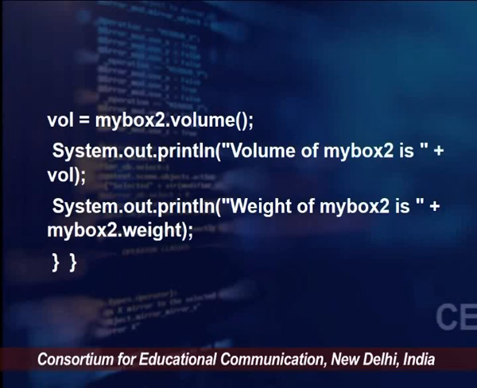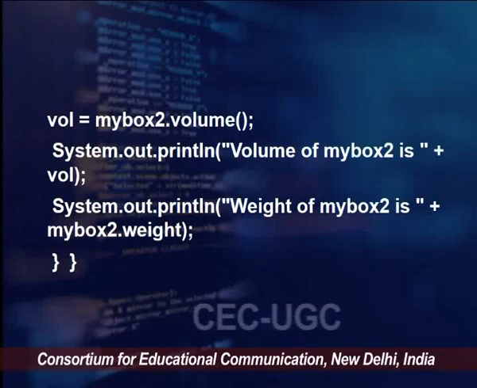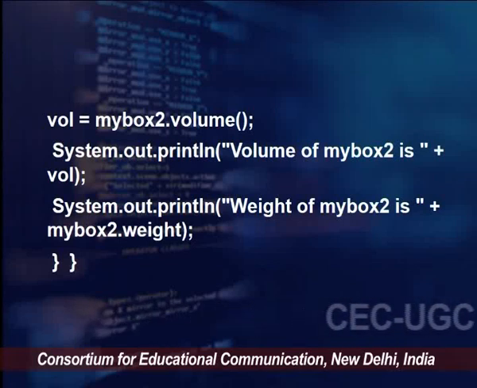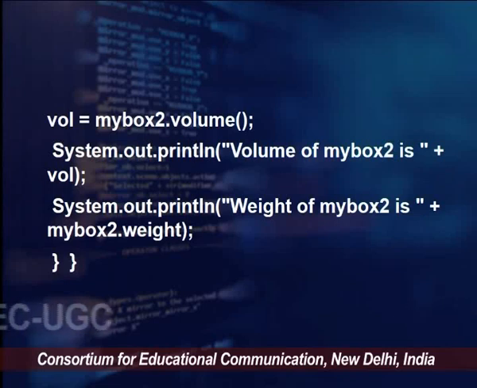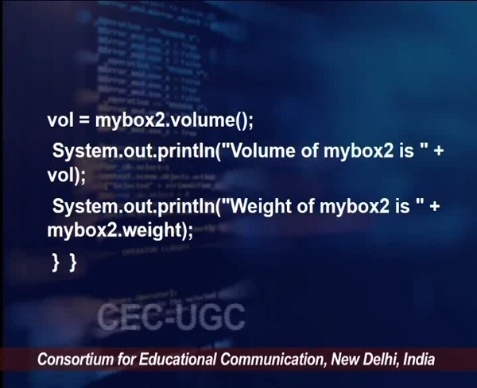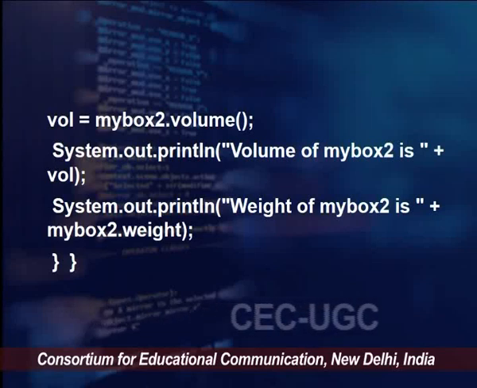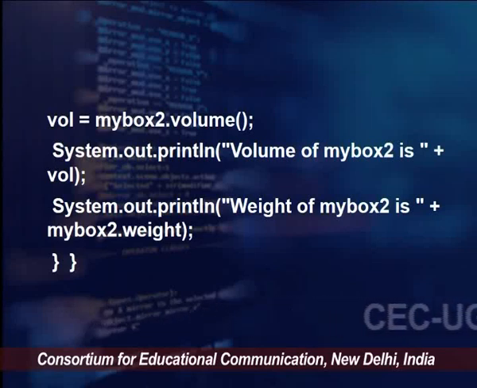So vol is equal to mybox2.volume, and vol is being printed, and so is mybox2.weight. So for both the objects we have printed 2 things. One is the volume, which is returned by multiplying the height, width and depth, and another one is the weight.